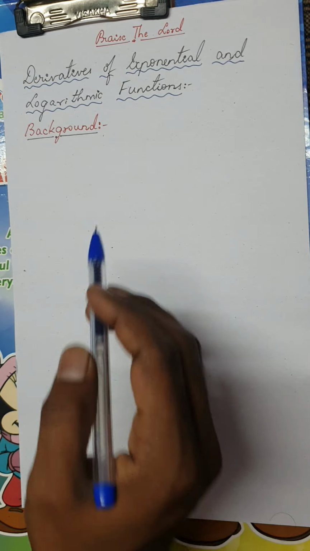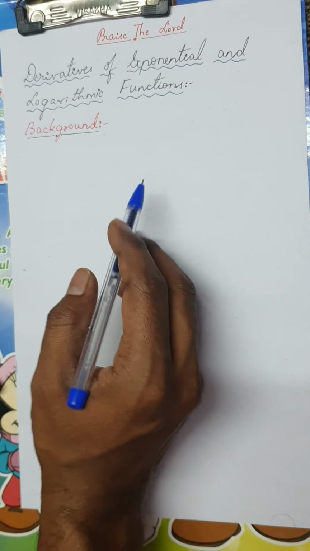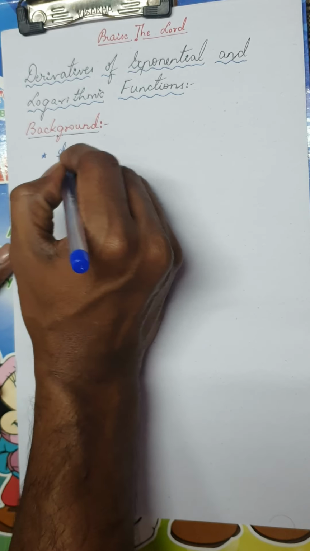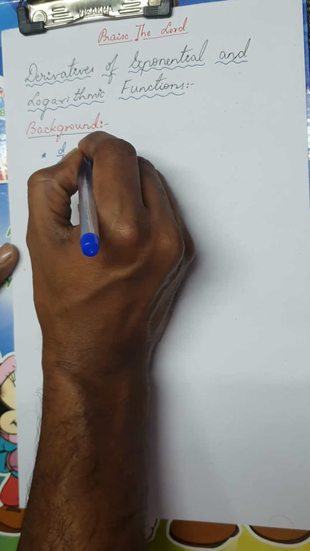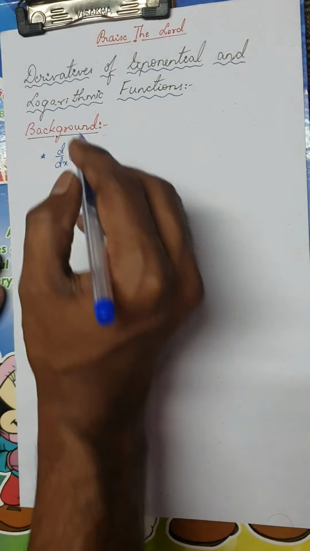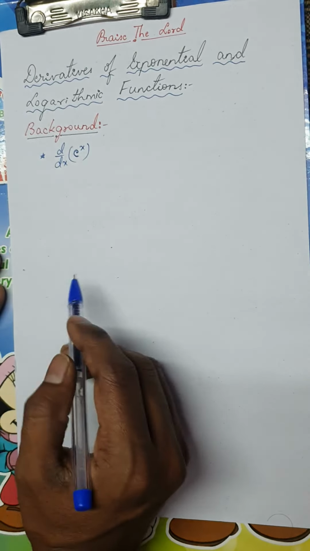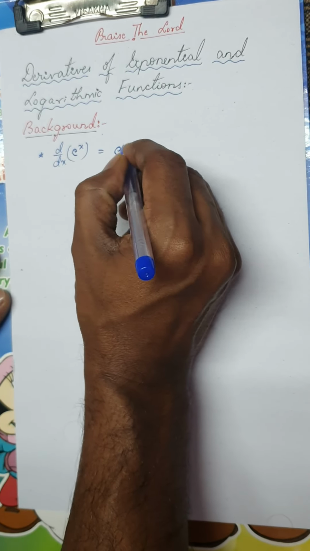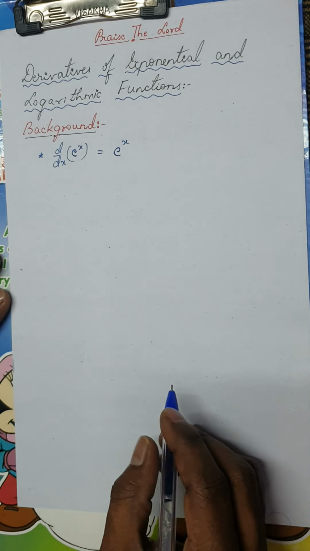Now let us see the background of this topic. First thing we have to remember is, what is the derivative of e power x? Any function of the form e power u is treated as an exponential function. The derivative of e power x is e power x itself.